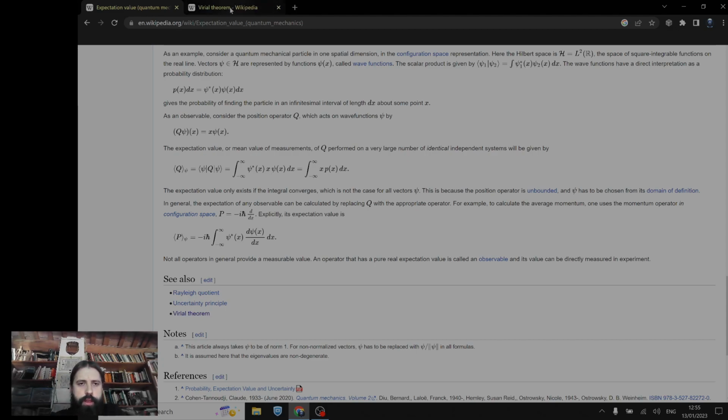You know what I mean? It's like you're applying an operator, but you're not applying an observable. An observable is a special kind of operator that probably actually does this projection.